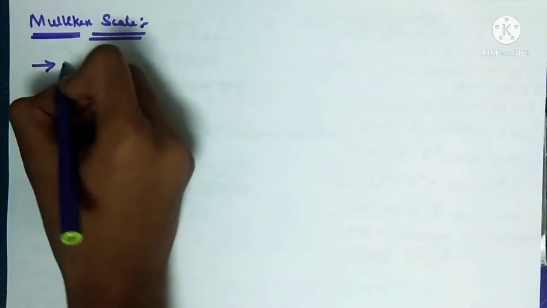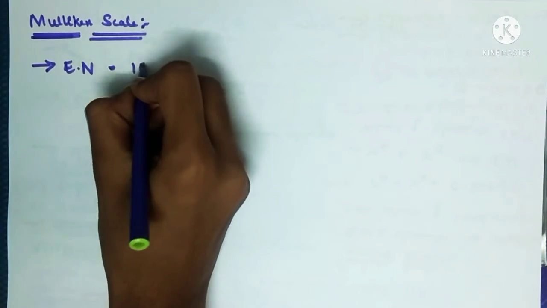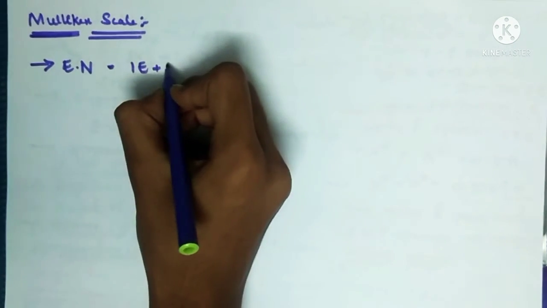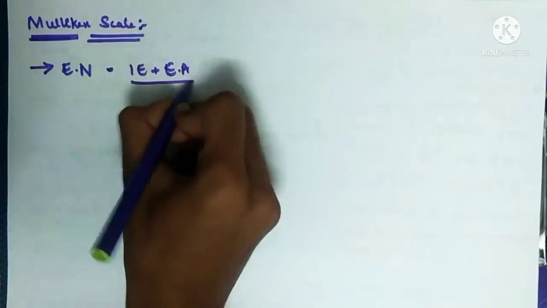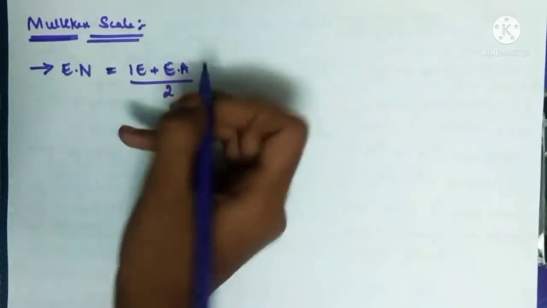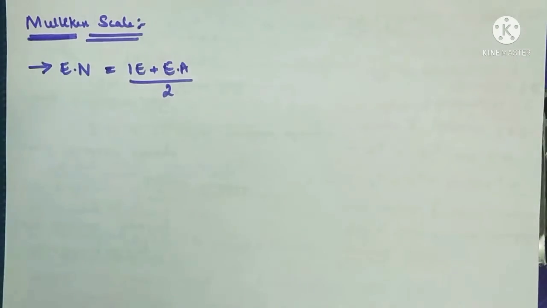We have another scale to measure electronegativity values, that is the Mulliken scale. According to the Mulliken scale, electronegativity is the average of ionization energy and electron affinity.